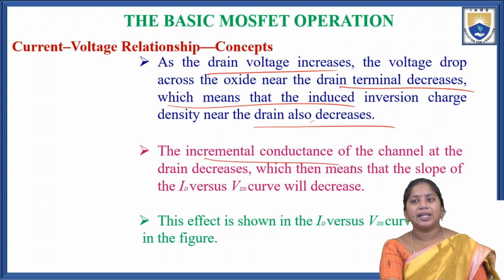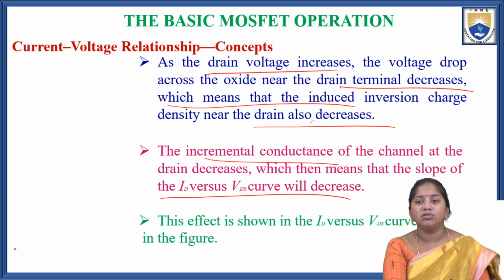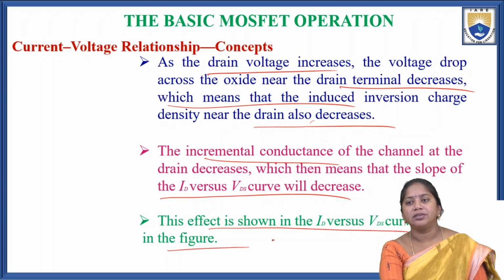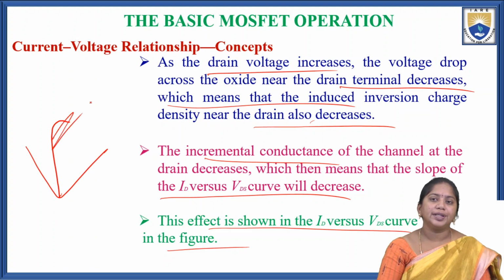So the incremental conductance of the channel at the drain decreases, which means the slope of the ID versus VDS curve decreases. In the previous case it gave larger values of the slope. Now if you increase the VDS value, the slope decreases. This effect is shown in the ID versus VDS curve, where the slope value decreases.